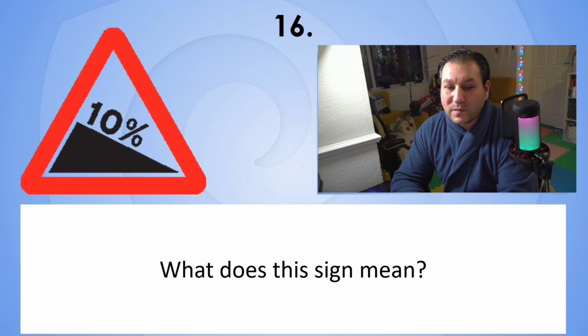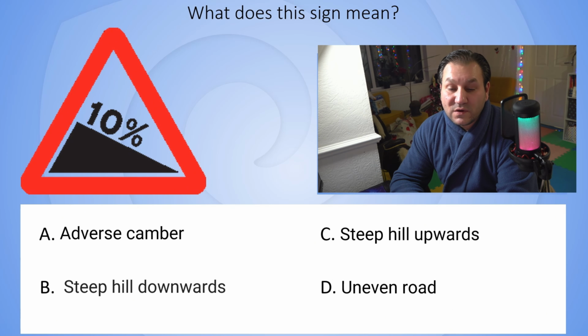16. What does this sign mean? A. Adverse camber. B. Steep hill downwards. C. Steep hill upwards. Or D. Uneven road.